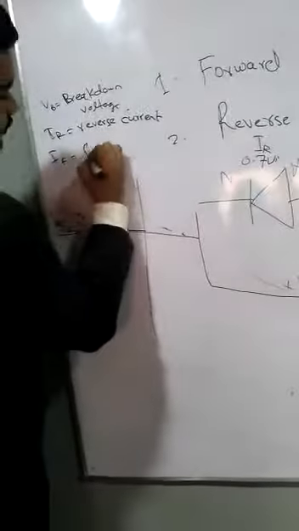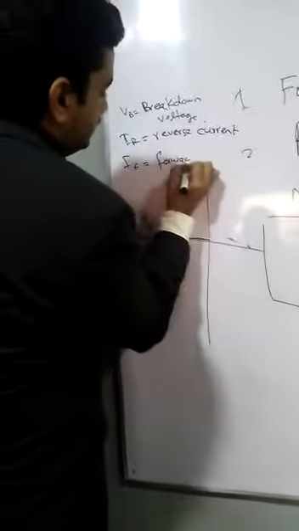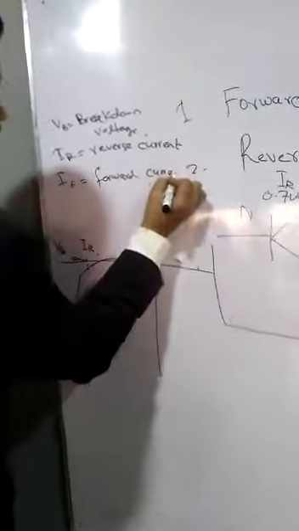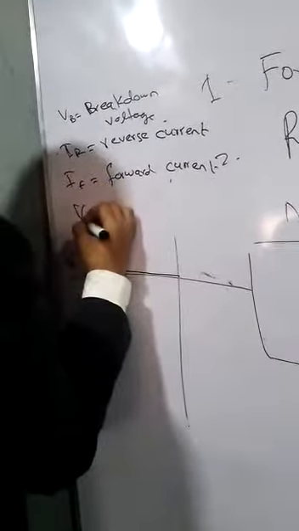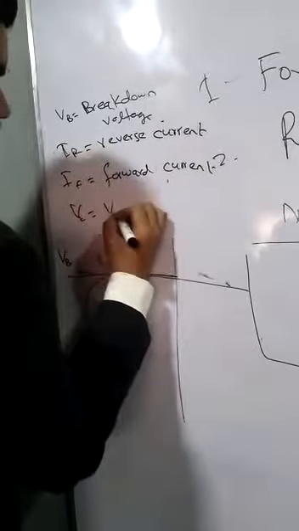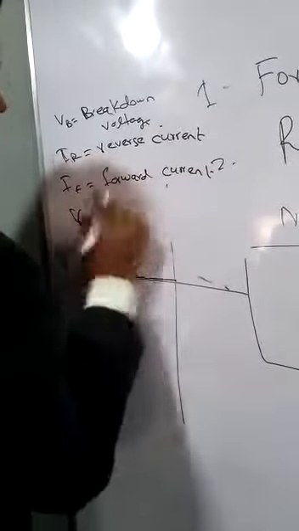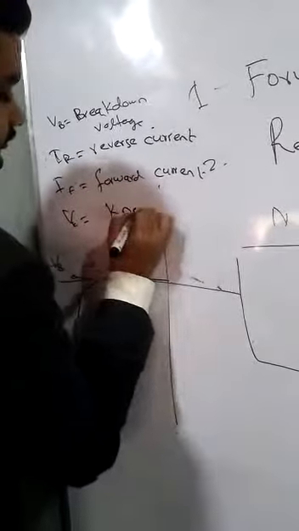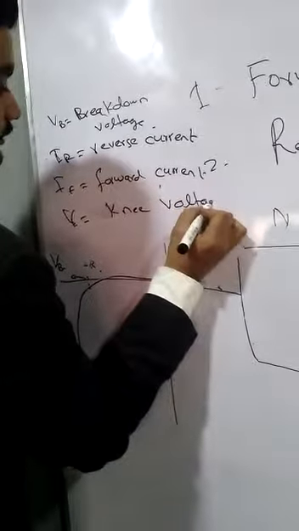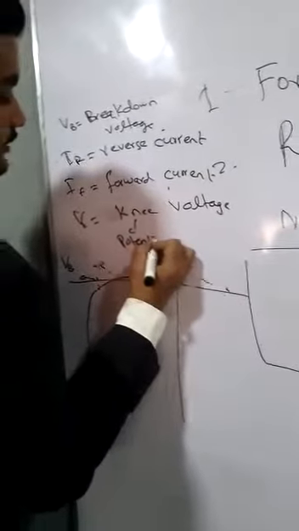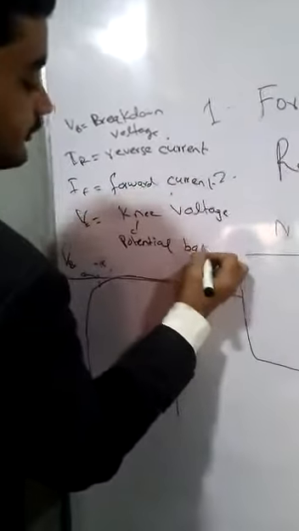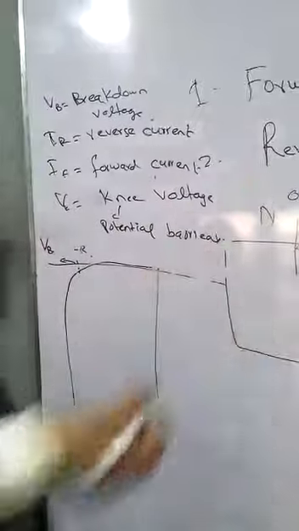IF is for forward current, and VK is for knee voltage. That knee voltage is basically the potential barrier. Why is it called a potential barrier? Because if we do not overcome that potential barrier, then no current will pass through it, right?